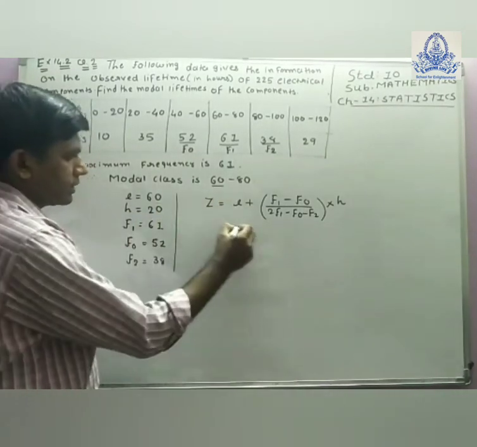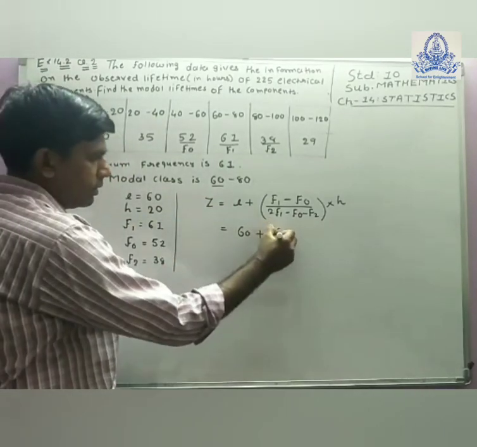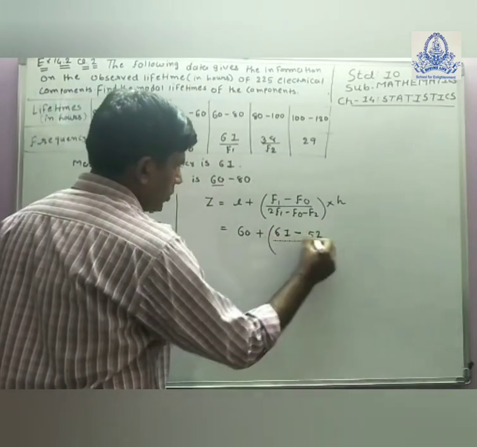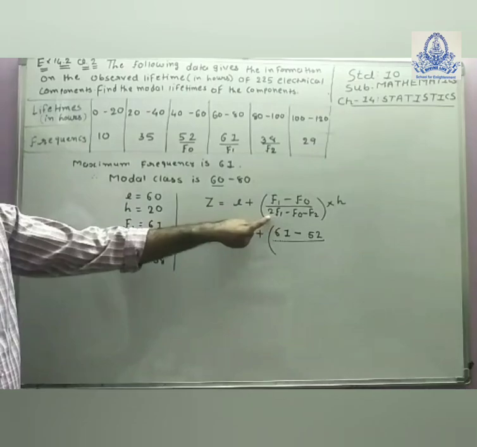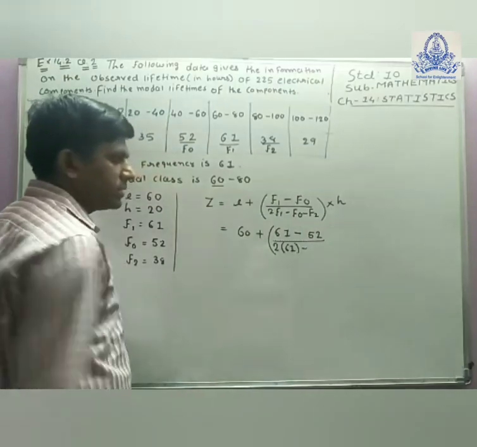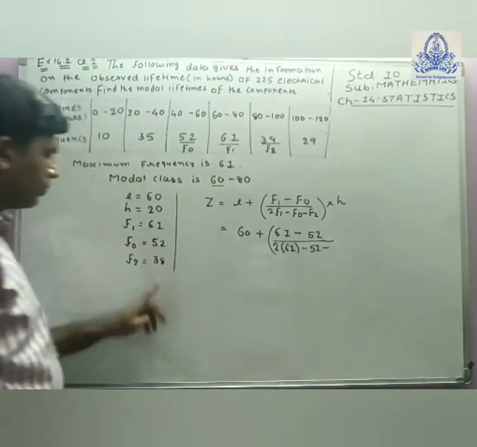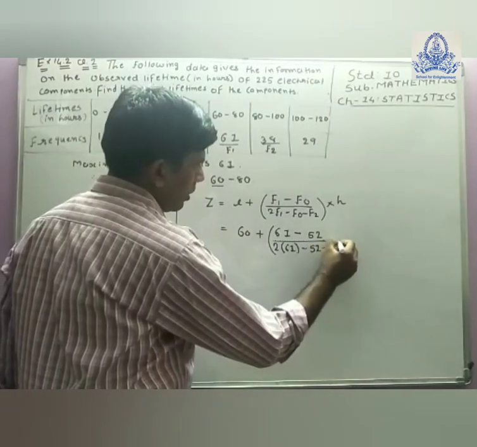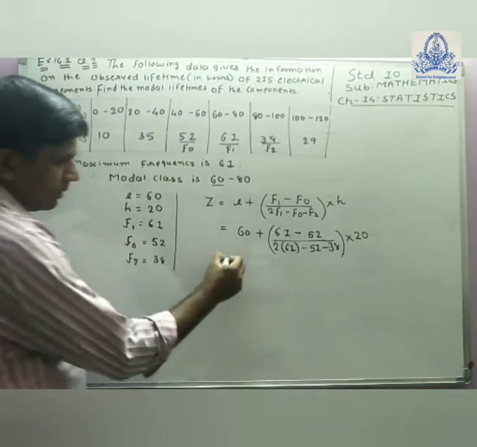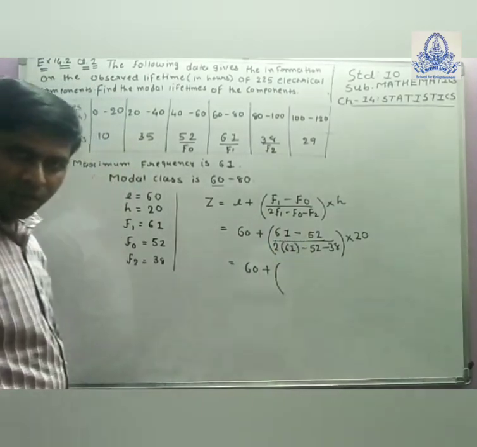So L, what is the L? 60, plus F1, F1 is 61, minus F0, 52, upon 2F1, that means 2 multiplied by 61, minus F0, 52, minus F2, F2 is 38, and H is 20. So 60 as it is plus 61 minus 52.